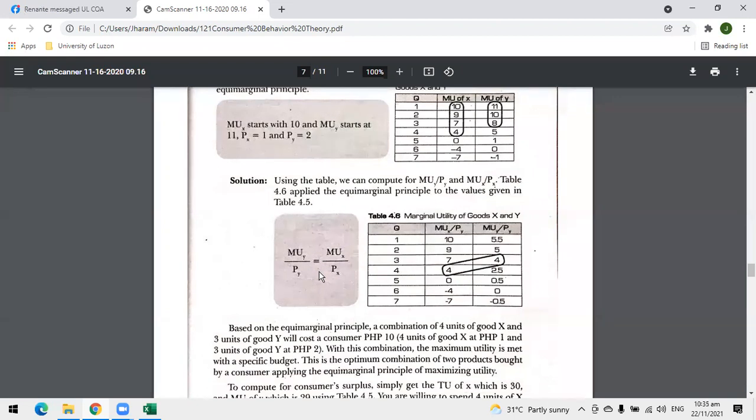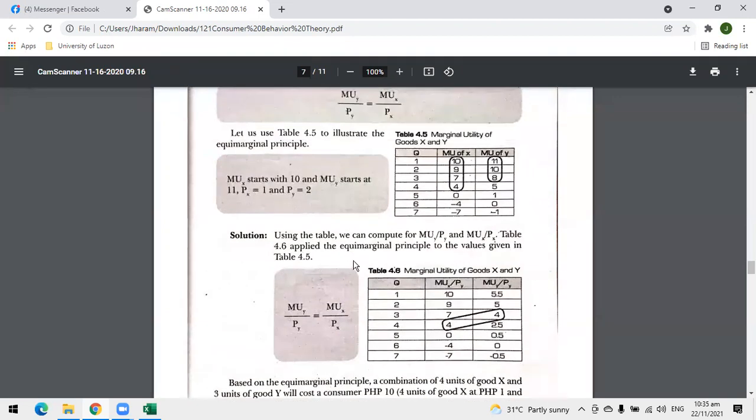So kapag kinumpute mo daw, kindly check nyo nga, that is marginal utility of Y over the price of Y for, ano yung last, is equal to marginal utility of X, that's 8, divided by price of 2 pesos, 4 din yun. Kaya nakuha itong 4 is equal to 4.